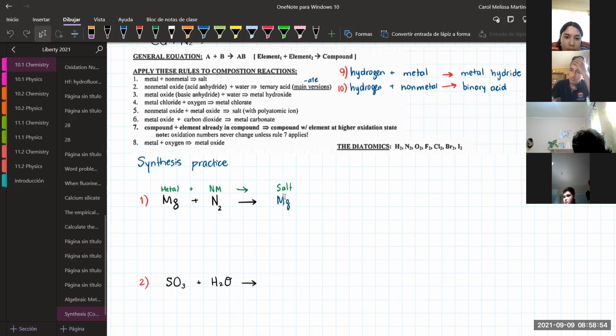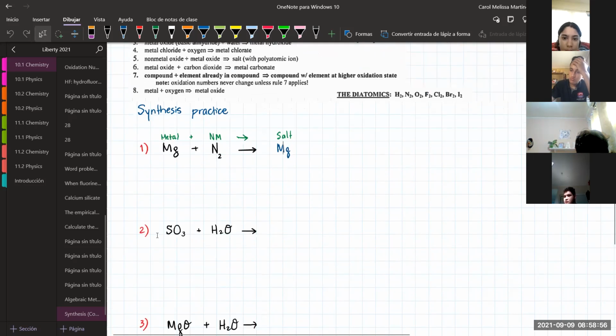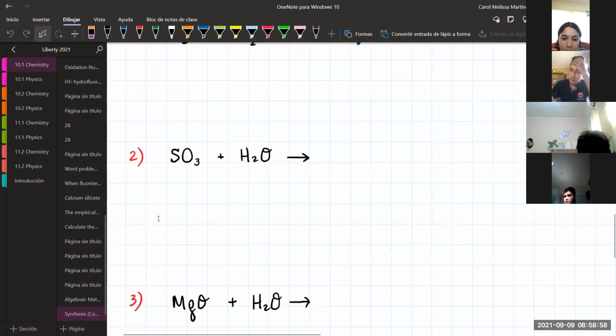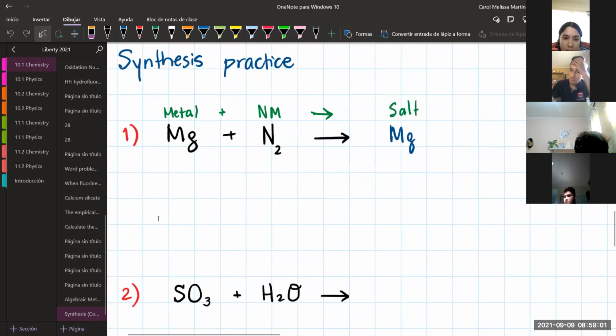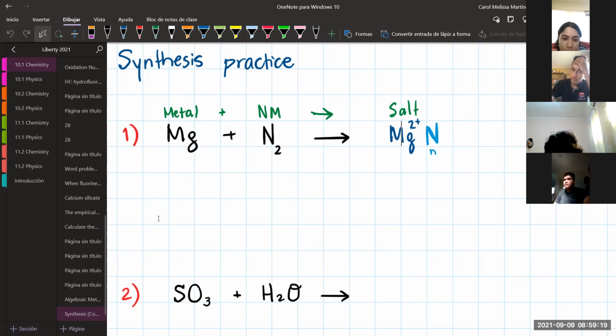and remember that magnesium has a charge of positive 2, okay? So you have to indicate the charge. And because you are combining with nitrogen, in a salt, what you're going to be using is the nitrogen alone, which is going to be known as nitrite.